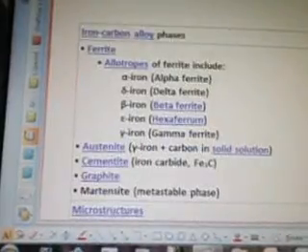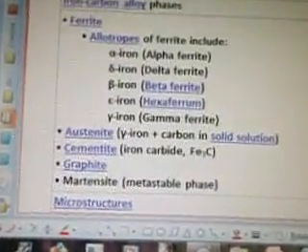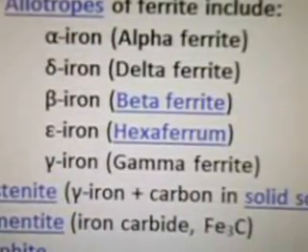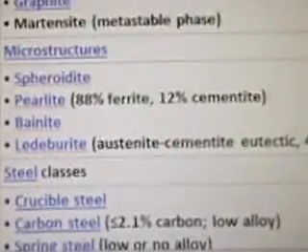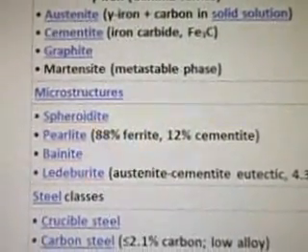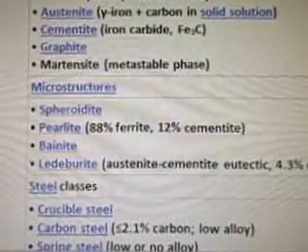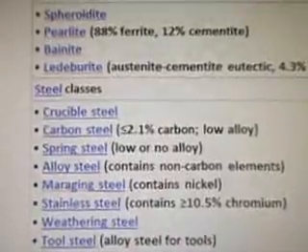Google Martensite transformation. Quotes data from Wiki Martensite. Iron carbon alloy phases. Ferrite allotropes of ferrite include alpha iron, alpha ferrite, delta ferrite, beta ferrite, hexaferrum, gamma ferrite, austenite, gamma iron plus carbon in solid solution, cementite, iron carbide, Fe3C, graphite, martensite, metastable phase.